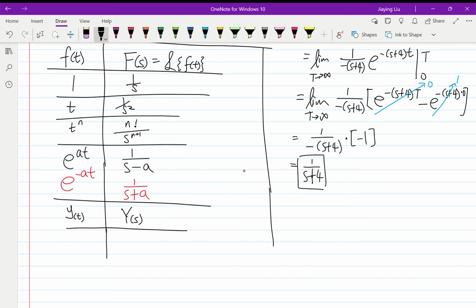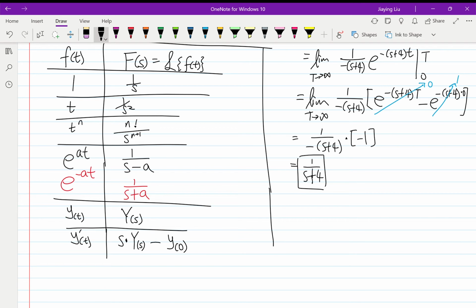The next two are more important because you're going to have to use them a lot when you solve differential equations. The first one is the derivative of y, which is easier if you remember that it's just going to be s times capital Y of s minus lowercase y of 0. Now I want to explain the terms here. If you have y, the Laplace transform we just use a capital Y, depending on some s.